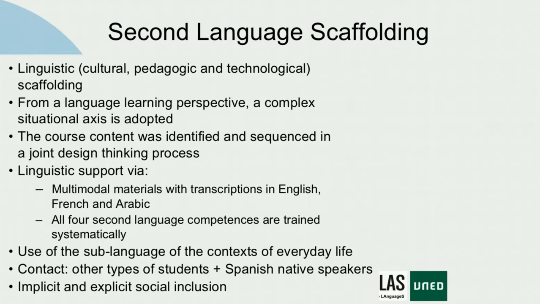And well, it has to be said that MOOCs are eminently visual learning objects, so the materials are multimodal, and we have videos, we have audio, we have text. And because we start with straight A1, like absolute beginners level, then we provide transcriptions of the videos, because obviously it is easier to have text in writing, where you can maybe go to Google Translator or look it up in an online dictionary.